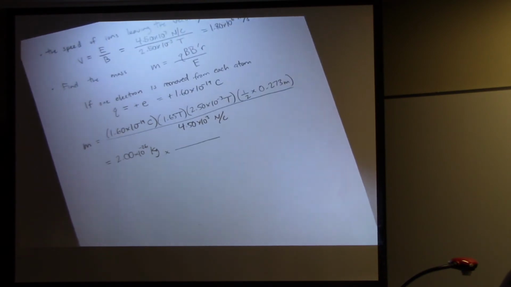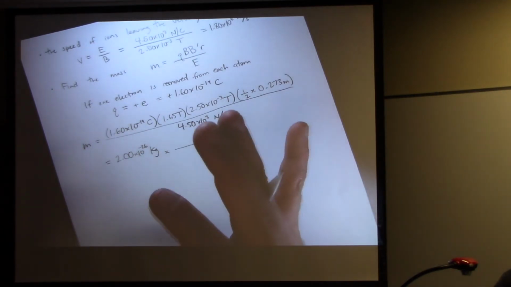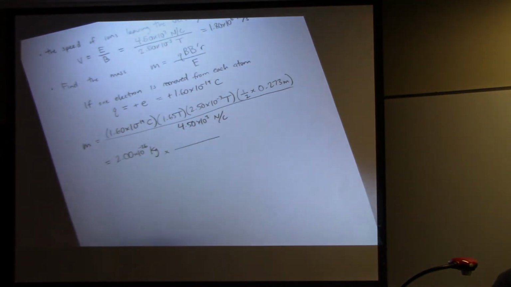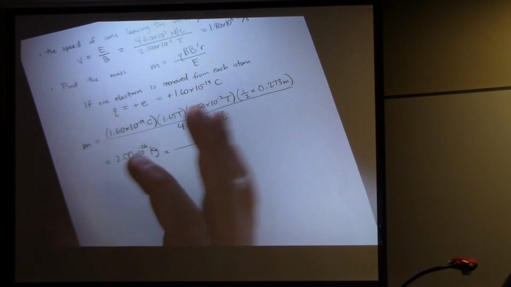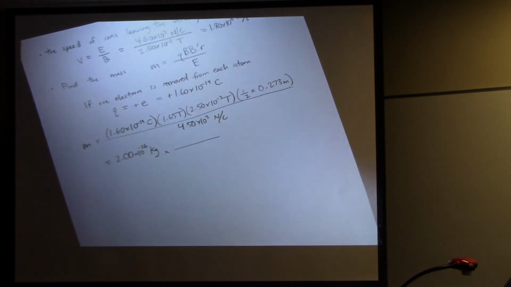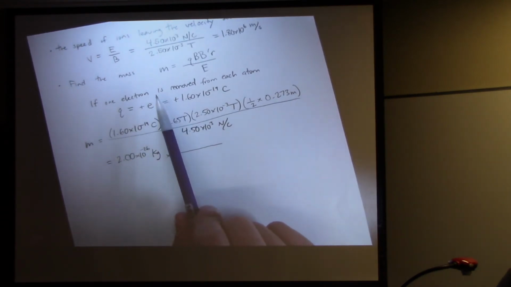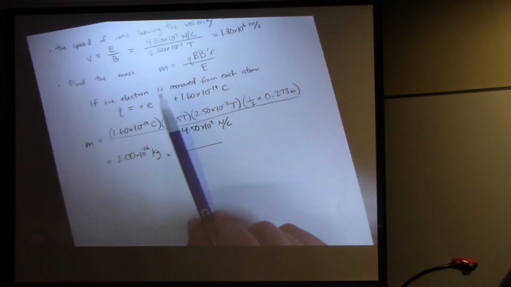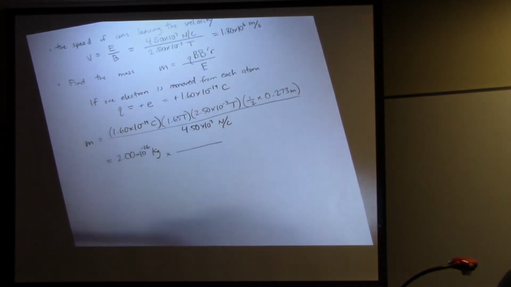The nice thing about the masses of these particles is electrons have tiny mass compared to either protons or neutrons. So you can basically ignore the mass of electrons. That doesn't really factor into things. And that's also good because since we removed an electron in this process, we haven't really changed the mass that much, not in any appreciable way.